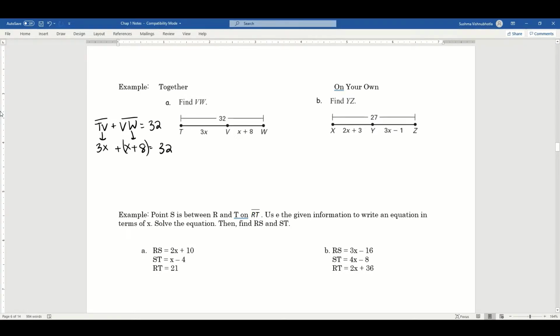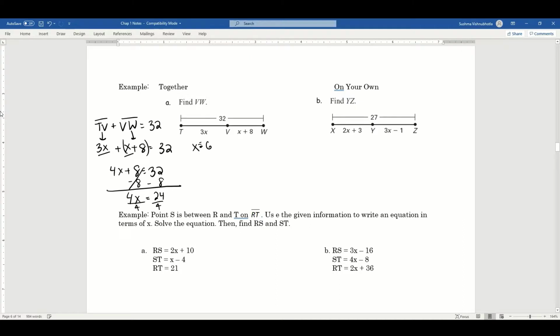So now you can combine like terms. 4x plus 8 equals 32. Subtract 8 on both sides. 4x is equal to 24. Divide both sides by 4. x is equal to 6.